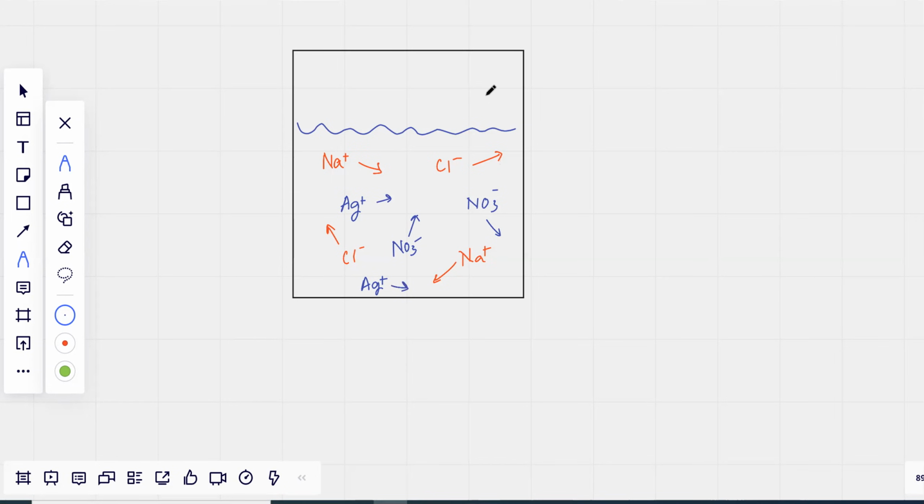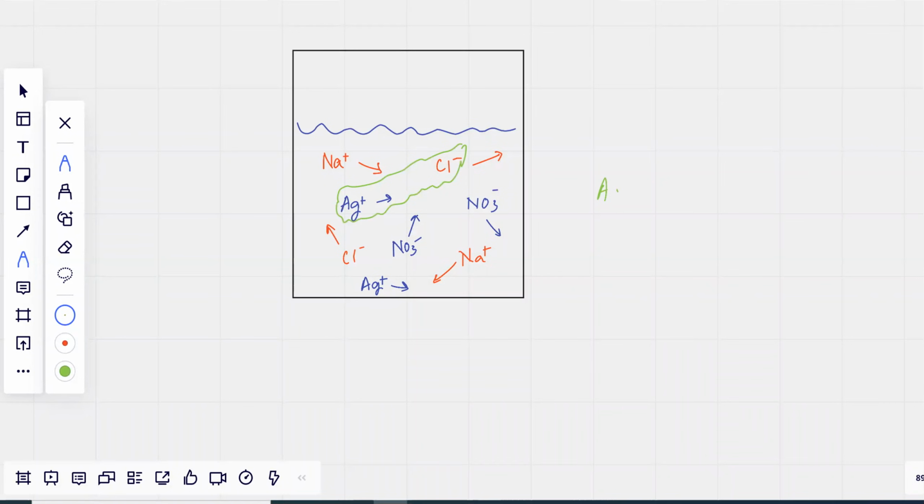So now what's going to happen is that when you mix two soluble substances, especially ionic compounds, their ions would randomly start mixing with each other. And in that process, it might happen that the Ag ions and the Cl ions combine together.